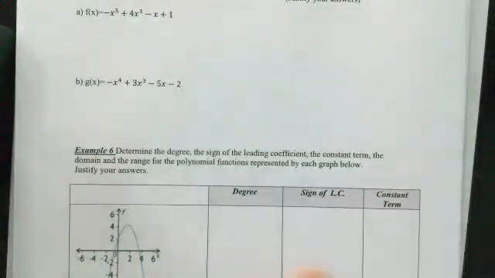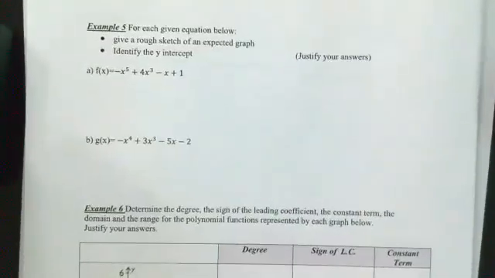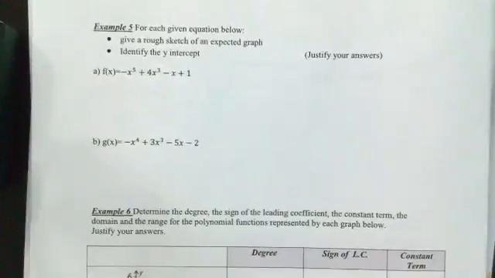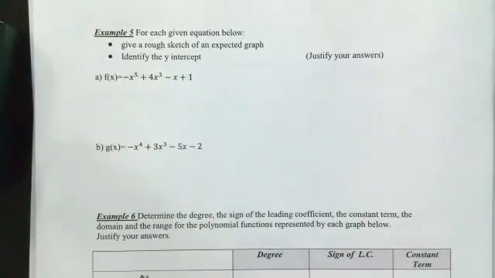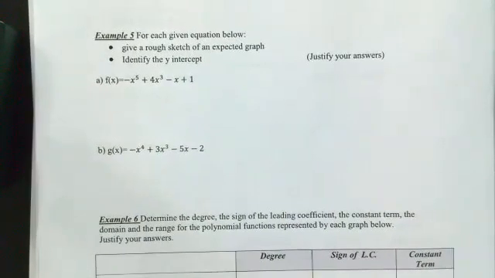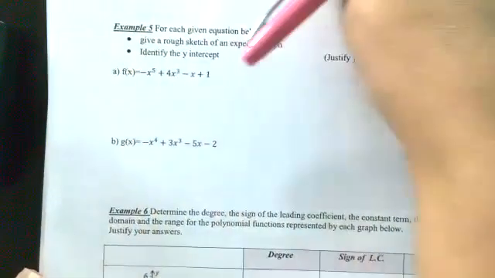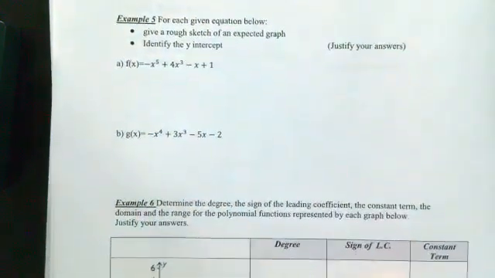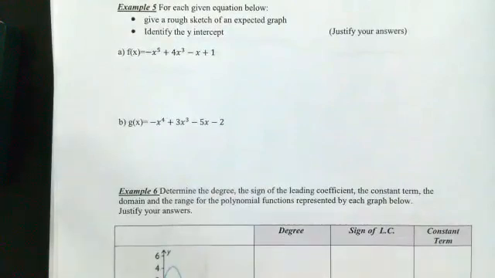For each of the equations below, give a rough sketch of an expected graph and identify the y-intercept. So we're going to justify our answers because we're still practicing and learning to remember where we took the information from.